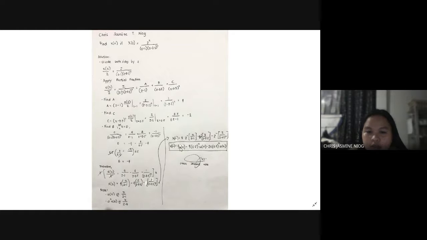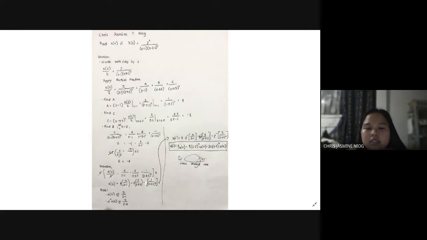So 4 times u of n, then negative 4 times the inverse z transform of z over z minus 0.5, which is a raised to n, where a is 0.5, so 0.5 raised to n u of n. Then the inverse z transform of z over z minus 0.5 raised to 2 is n times 0.5 raised to n times u of n.